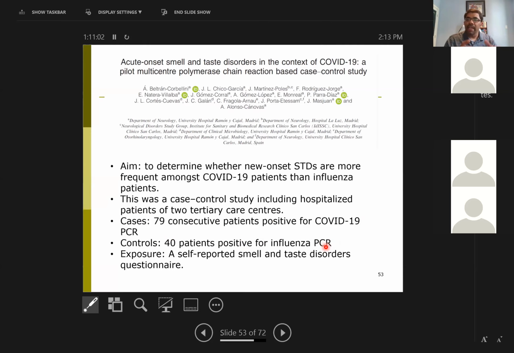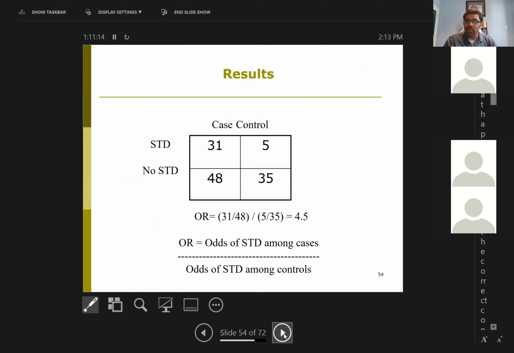And then in each group, they asked, do you have a problem in smelling? Do you have problems in tasting your food and so on and so forth? And then they put the results together into this simple 2x2 table. Cases, the first column, controls, people with smell and taste disorder, no smell and taste disorder.